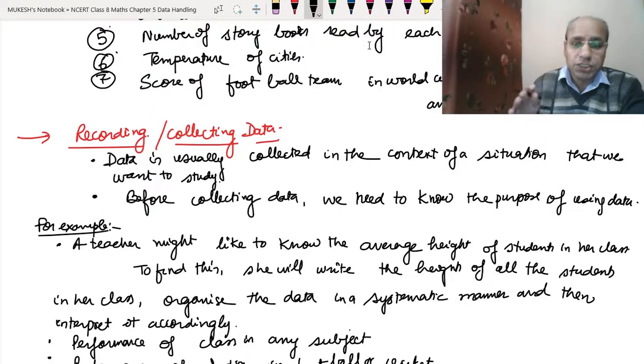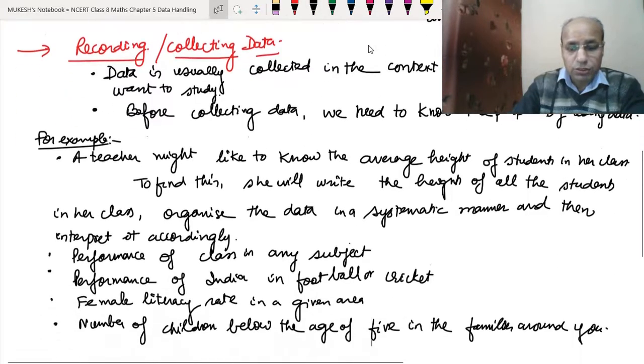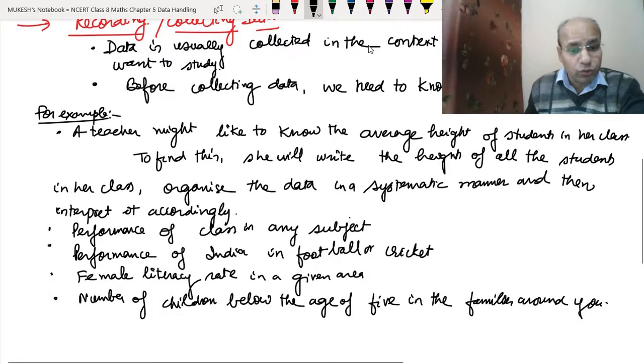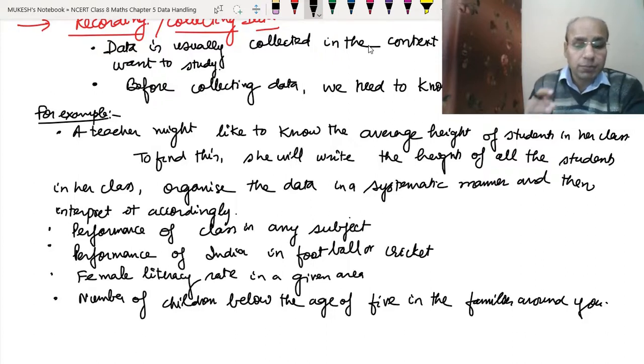There are various examples, like a teacher might like to know the average height of the students in the class, or your principal might want to know the performance of your class in any subject, or somebody wants to know the performance of India in football or cricket or any other game. Okay, female literacy rate in a given area, or the number of children below the age of 5 in the families around you, and many more situations.